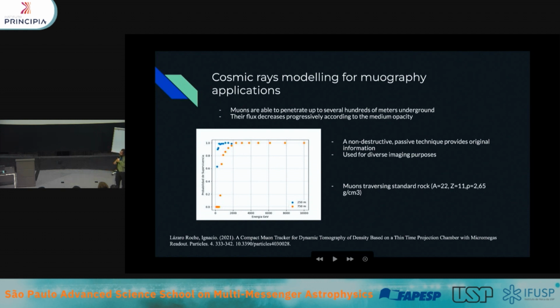The idea is to take advantage of the characteristics of muons, basically their high penetrating power, and to measure their flux, so we can get an estimate of the material that they are traversing. And we can imagine this in really big, massive structures.